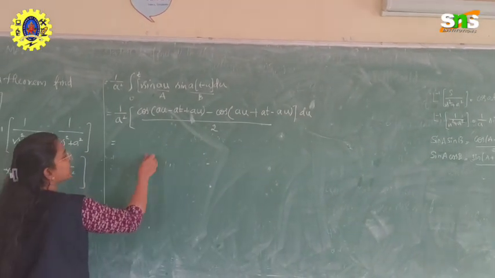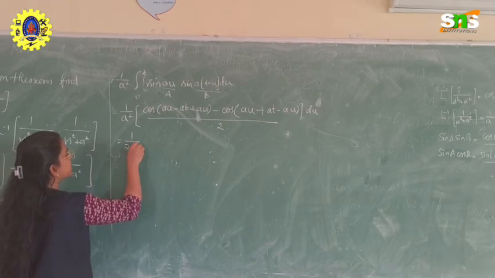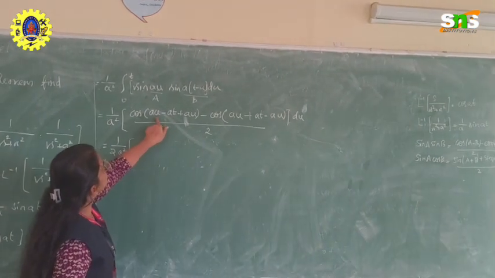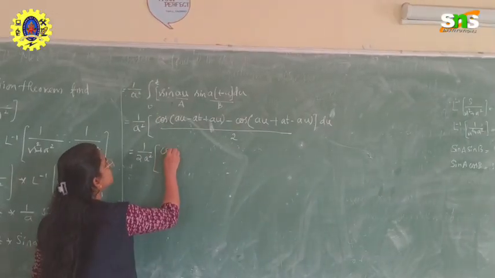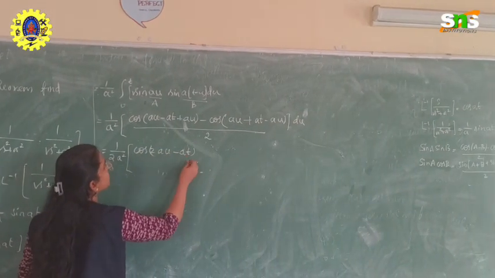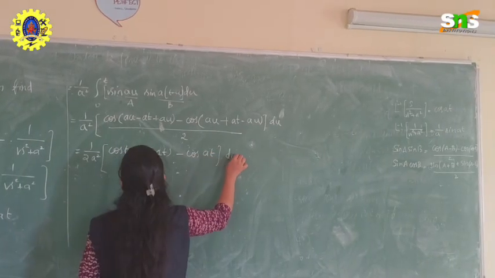In the next step, I'm going to take this 2 outside, which is 1 divided by 2a square. So here au plus au will be 2au minus at, minus cos of at, into du.